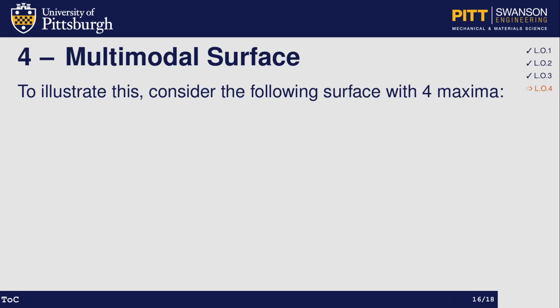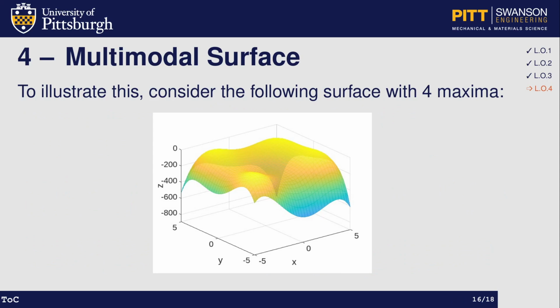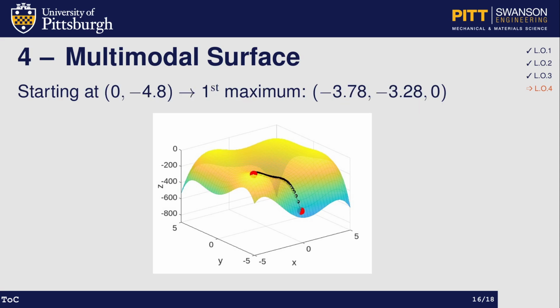We'll demonstrate this here with the following surface, which has 4 maxima. We see here, there's one in each quadrant of the surface. Starting at 0 and negative 4.8, we reach the first maximum, which is at negative 3.78 and negative 3.28, and has a value of 0.